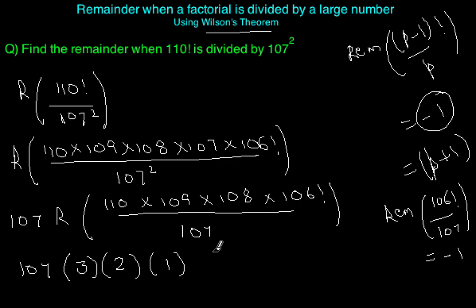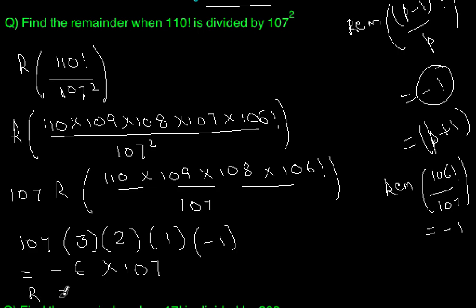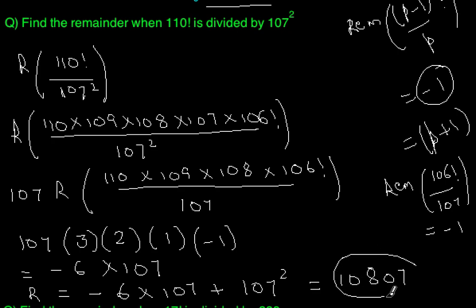And 106 factorial divided by 107 gives minus 1. So we get minus 6 into 107. So the remainder would be minus 6 into 107 plus 107 square, which is 10807. So this is the required remainder in this case.